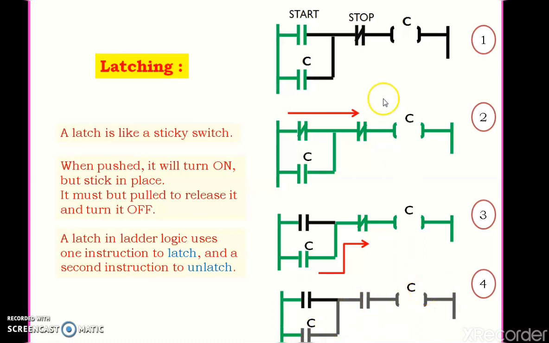So latching is this arrangement where we use this coil as a switch which will give the output continuously latched, or continuously held. In ladder diagrams using PLCs, we will use two coils or two instructions. One instruction will be for latching and the second instruction will be for unlatching.